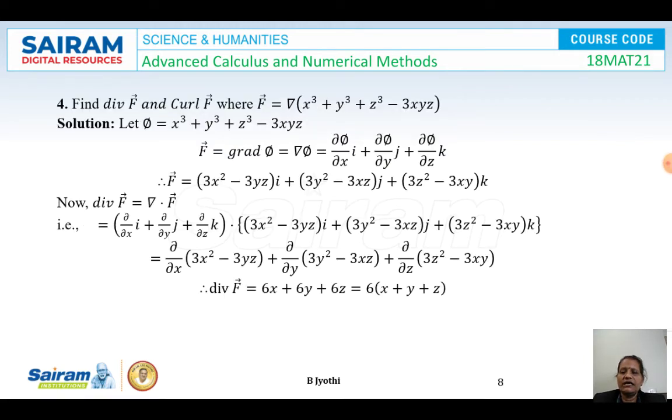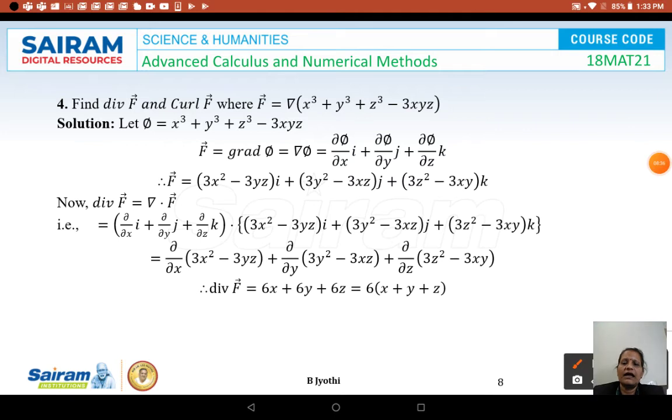Next problem: find div f and curl f where f is given as grad of (x³ + y³ + z³ − 3xyz). So let us consider phi equal to this, and f is nothing but grad phi, where the grad phi formula is del phi equals dou phi by dou x i plus dou phi by dou y j plus dou phi by dou z k.